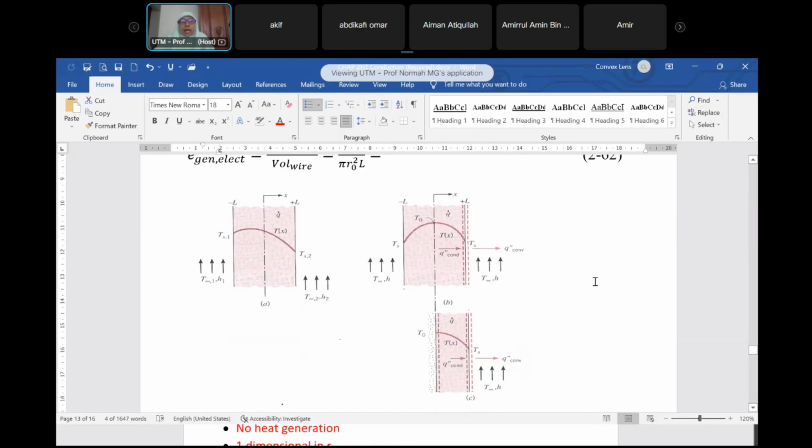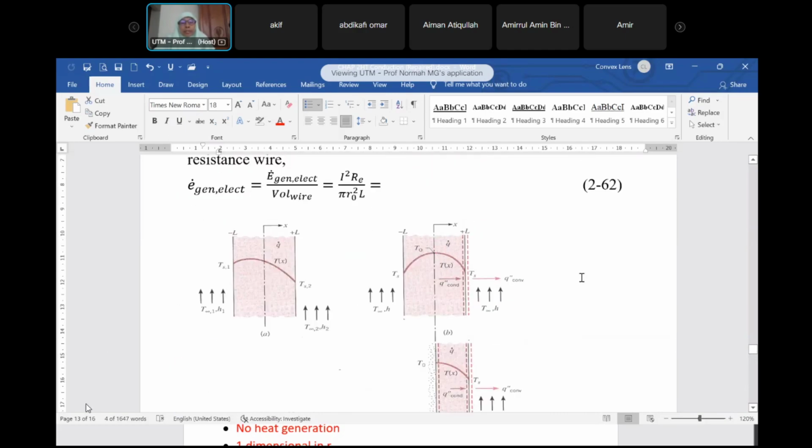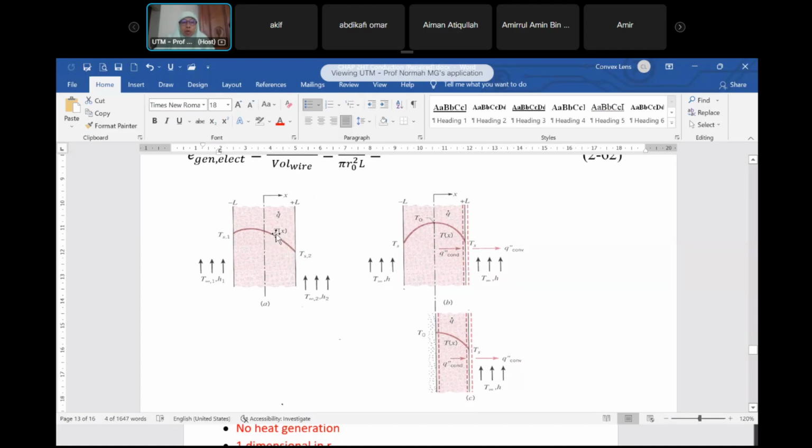Okay. So, how can you imagine the temperature profile in there? Let's say we are looking here at the plane wall. Here we have a fluid at temperature T infinity 1 with convective heat transfer coefficient h1, convection because it's fluid, and the surface temperature Ts1. On the other side, we have another fluid at temperature T infinity 2 with convective heat transfer coefficient h2.